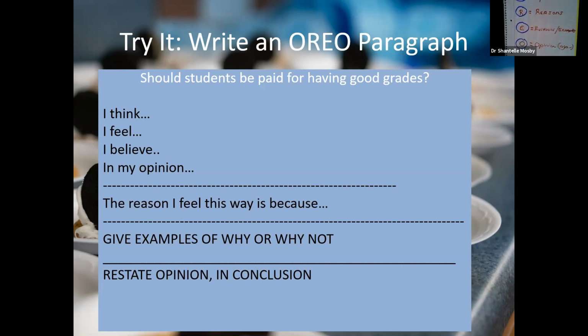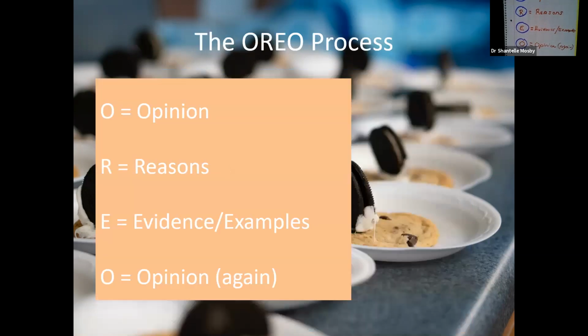And last but not least, you would state in conclusion and you will restate your topic sentence. This concludes the OREO process. So remember, opinion, reasons, evidence or examples, and then opinion again.